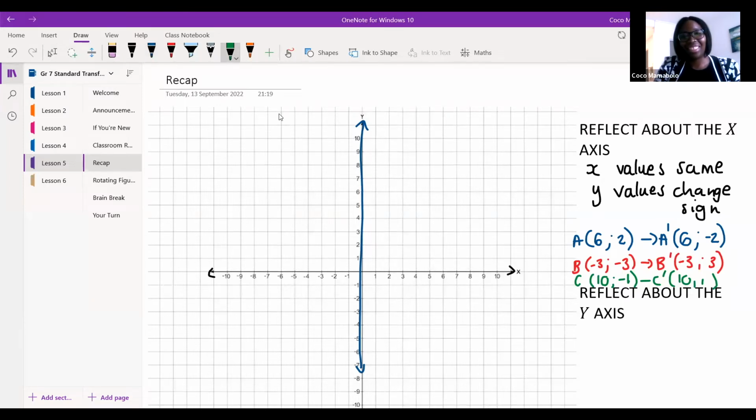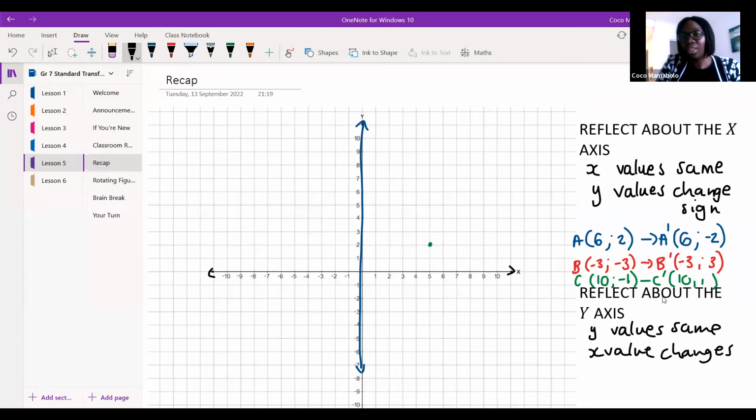The Y value is the same and the X value changes sign. Good. So my y values will stay the same and my X values will change sign. Okay, well done. I knew you knew this. Very well done.